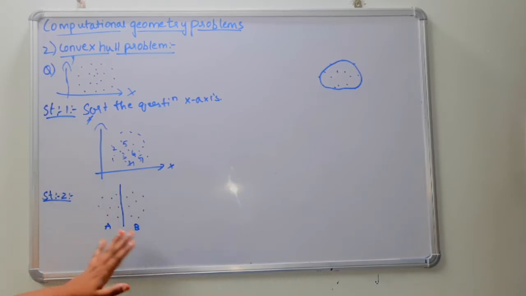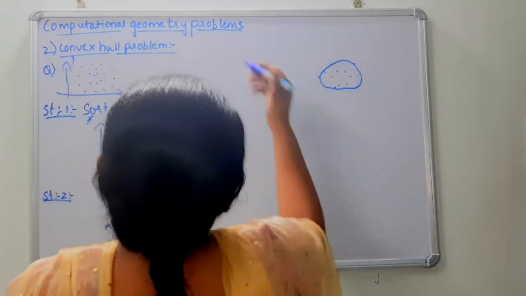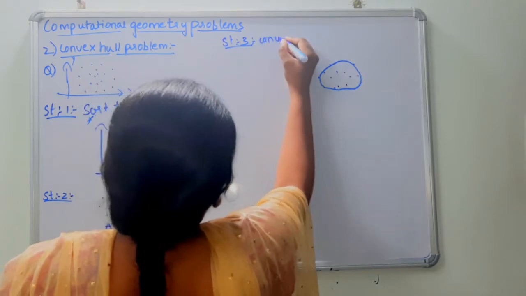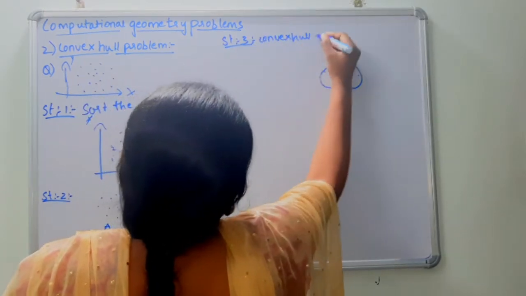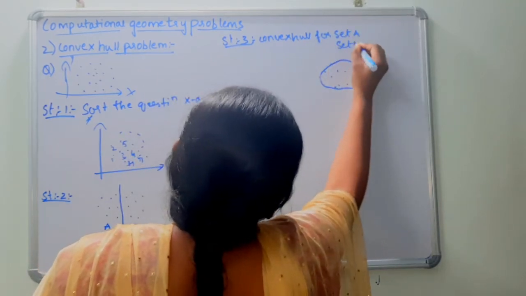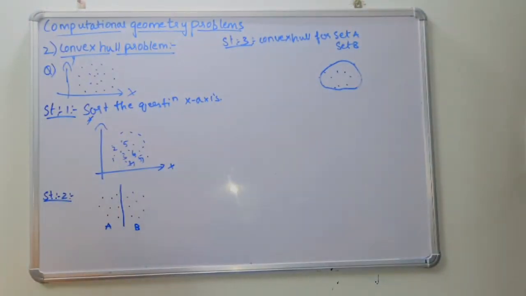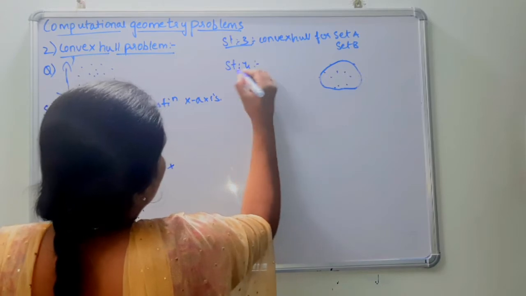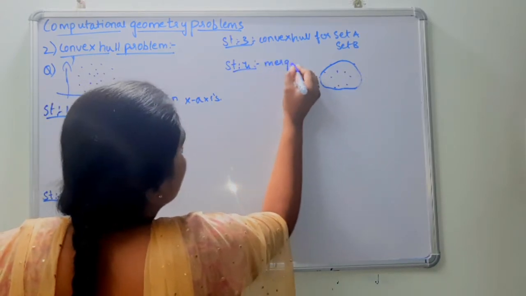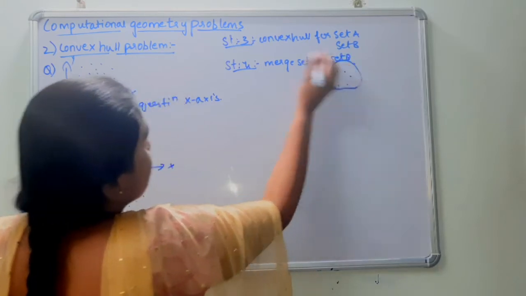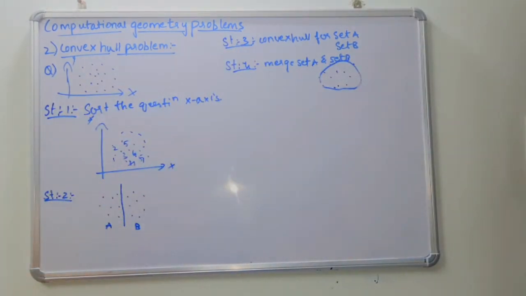So this is set A and set B. We form the convex hull for set A and the convex hull for set B. After forming the convex hulls, in step 4 we merge set A and set B. How step 3 and step 4 are performed, let us see in the problem.